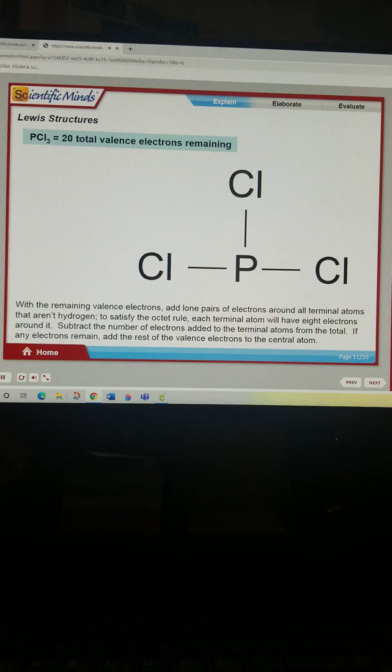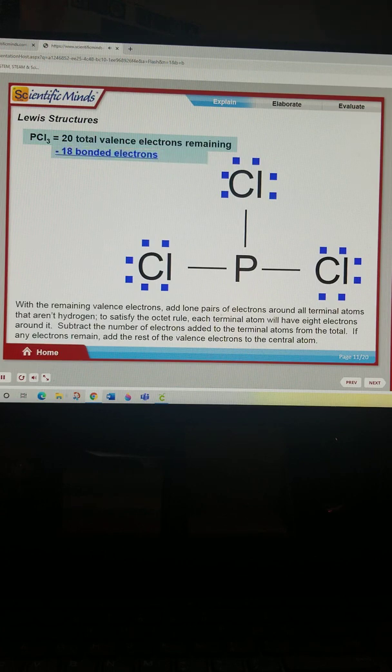With the remaining valence electrons, add lone pairs of electrons around all terminal atoms that aren't hydrogen. To satisfy the octet rule, each terminal atom will have 8 electrons around it. Subtract the number of electrons added to the terminal atoms from the total. If any electrons remain, add the rest of the valence electrons to the central atom.